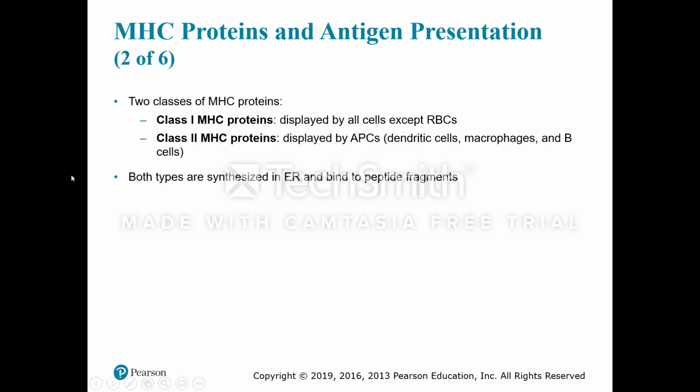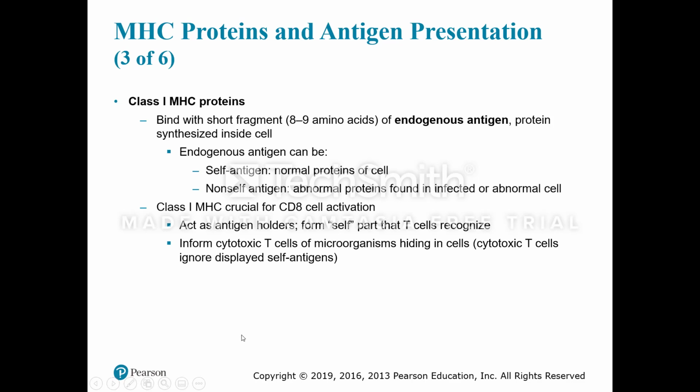These will be your dendritic cells and your macrophages. Both types are synthesized in the endoplasmic reticulum, and they bind to peptide fragments. Let's discuss MHC1. MHC1 presents very short endogenous antigenic proteins, and they can be self-antigen, which means the normal proteins of our cell, or they could be non-self-antigen.